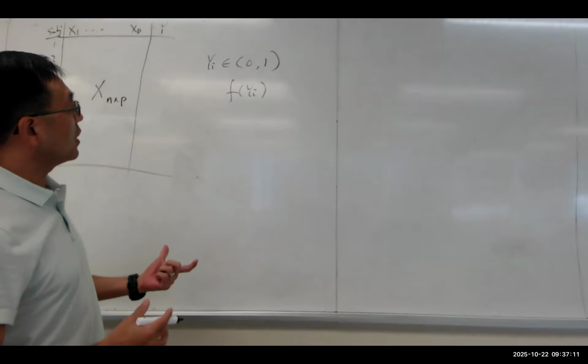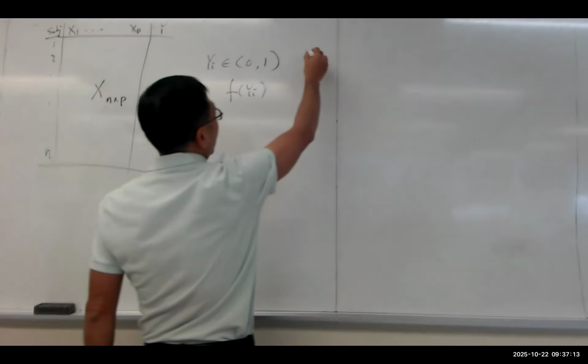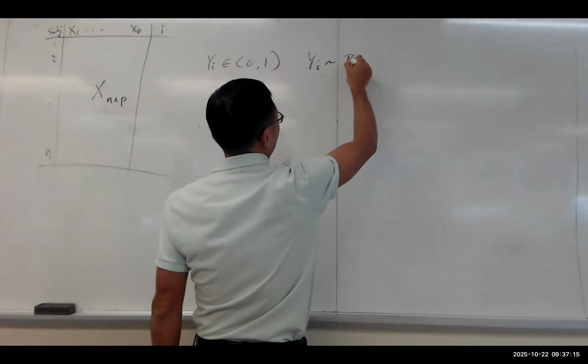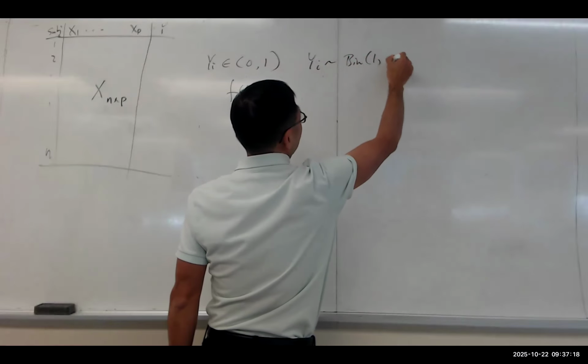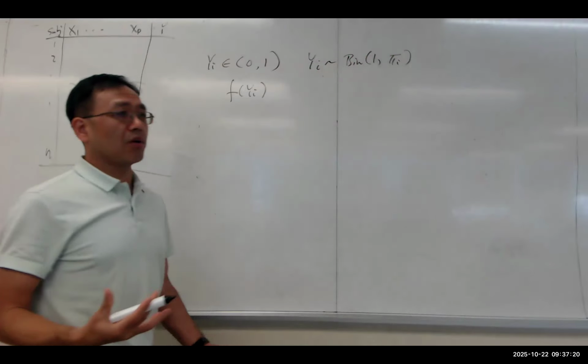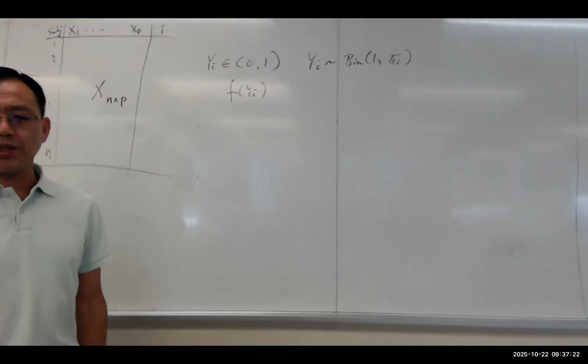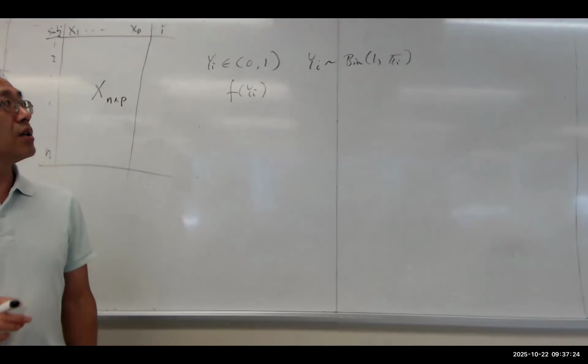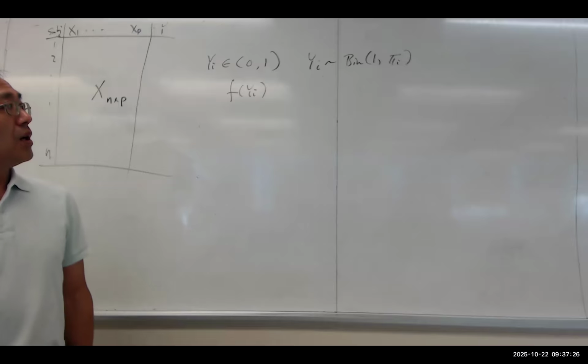So the model that we have, the density function for each yi, for each subject i: we assume yi follows a binomial(1, pi i). This is the binomial model, where each subject has just its own category. This is also the Bernoulli distribution.